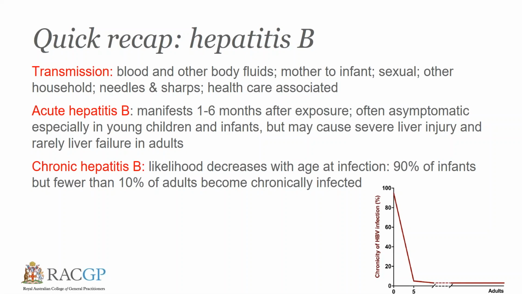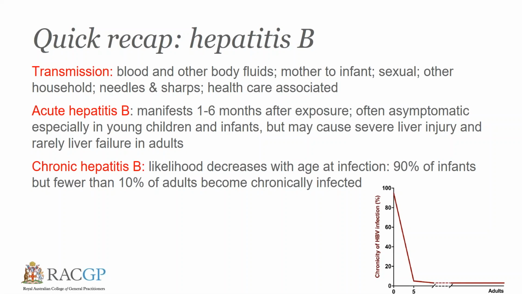Now, the really interesting thing about this is that the likelihood of getting chronic hepatitis B is very much dependent on the age at which someone catches the infection. Because of the immature immune system in infants and children under 5, 90% of infants are unable to clear the infection, so it becomes a chronic infection in the liver.